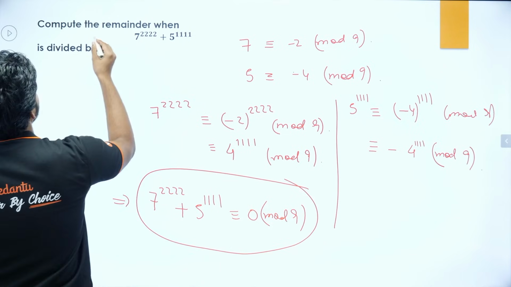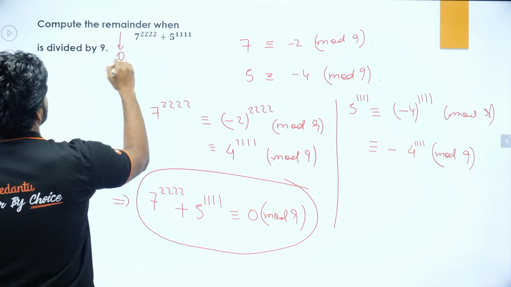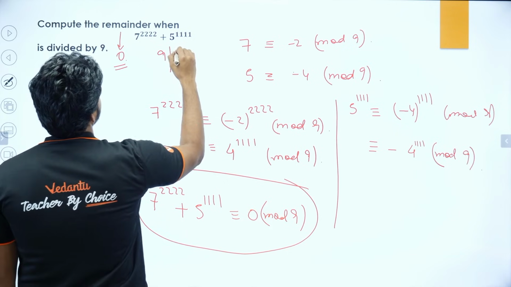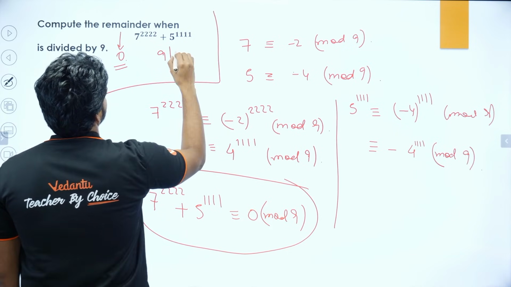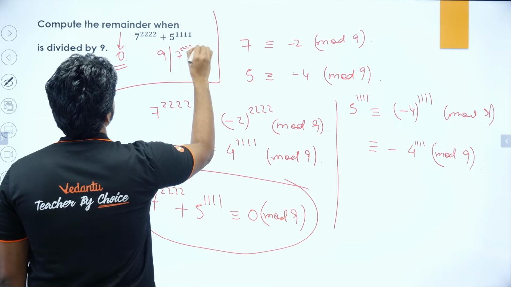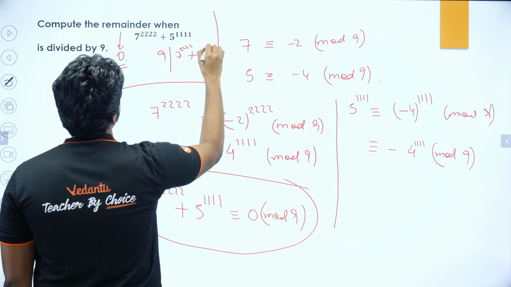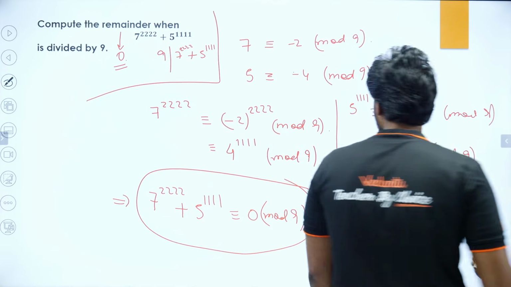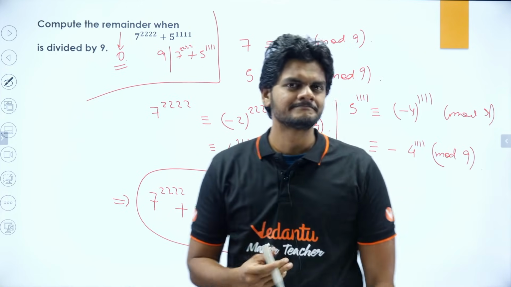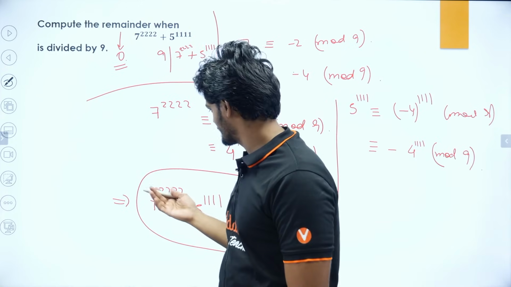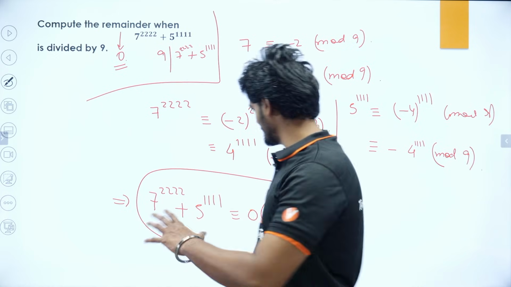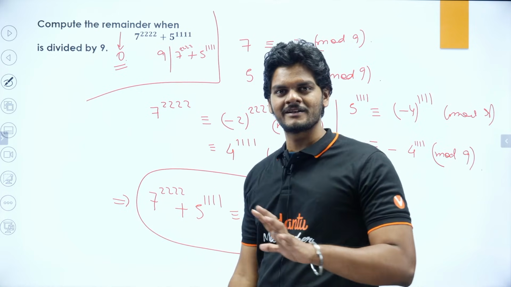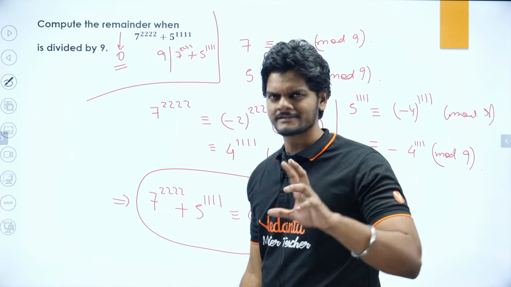So the remainder is 0, which implies 9 divides 7 power 2222 plus 5 power 1111. Is that clear? Yep, this is simple stuff. So you see how much it helps. Modular arithmetic, congruency of integers is cool stuff.